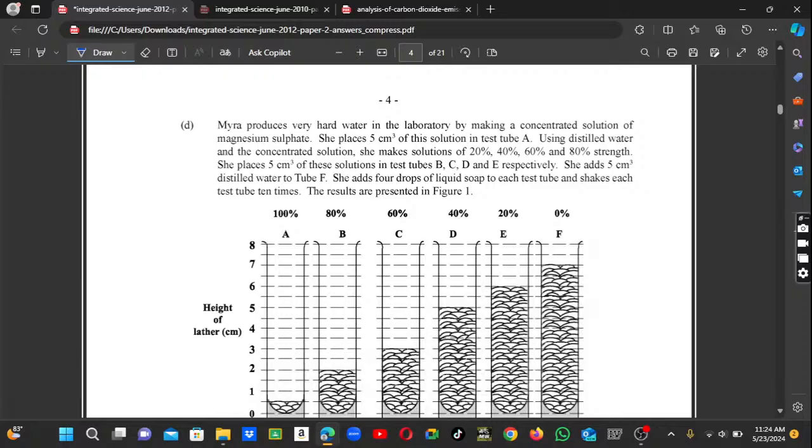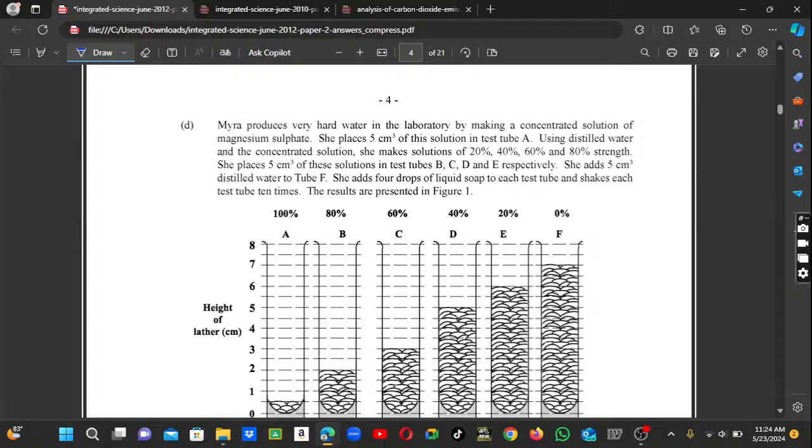She placed 5 cubic centimeters of the solution in test tube A. Using distilled water and the concentrated solution, she made 20%, 40%, 60% and 80% strength solutions. She placed 5 cubic centimeters of these solutions in tubes B, C, D and E respectively.